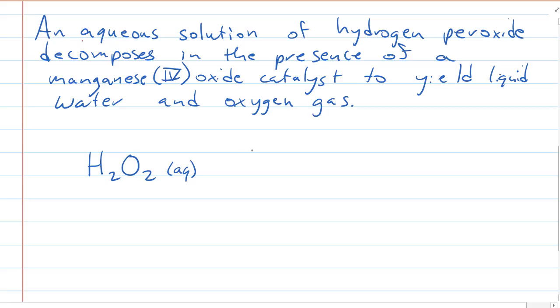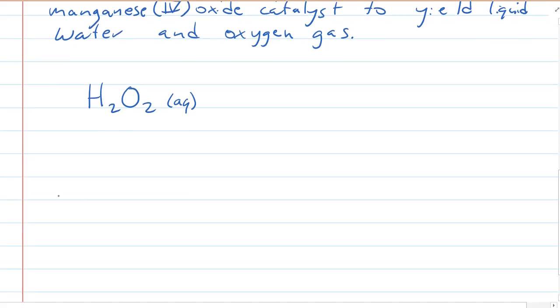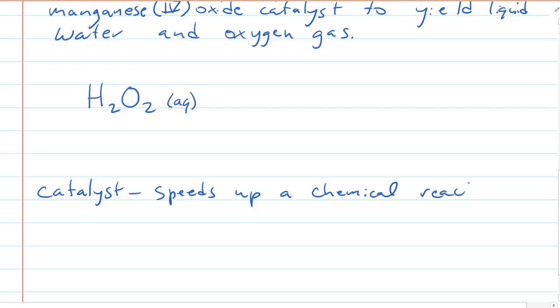Now, if we want to put in a catalyst, anybody know what a catalyst does? Speeds up a reaction. Exactly. A catalyst speeds up a chemical reaction without being consumed.